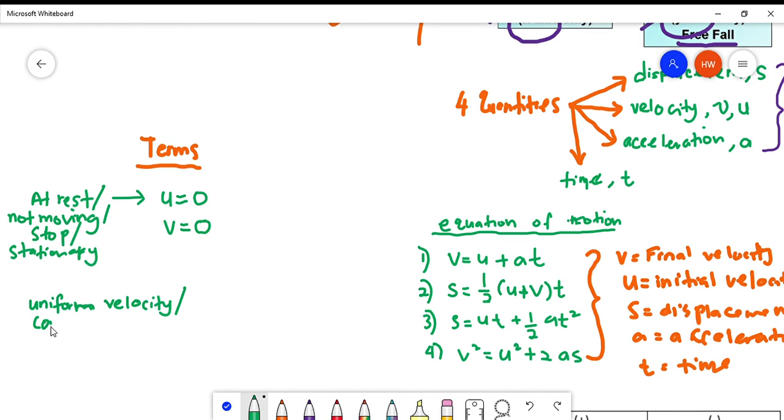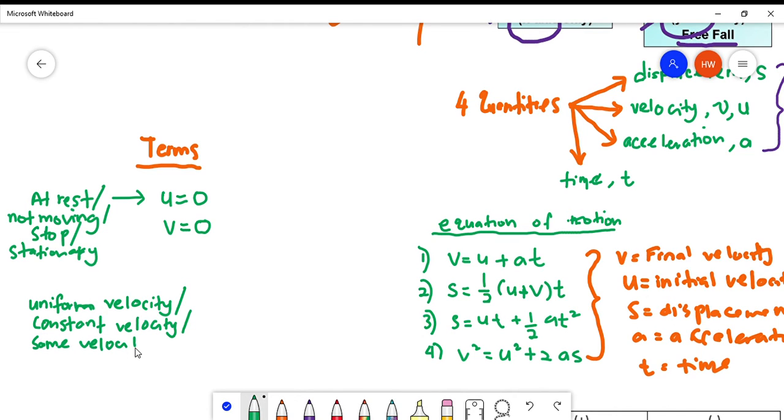Constant, yes, constant, good, constant velocity. Maksudnya dalam bahasa Melayu, kalau awak belajar dalam bahasa Melayu, uniform ni kita panggil malar, kan? Constant ni malar. Okay, constant velocity or same velocity pun boleh juga.